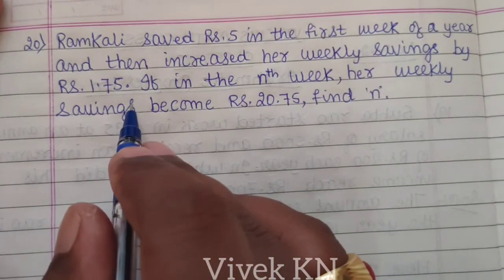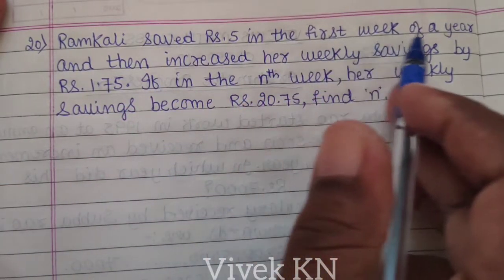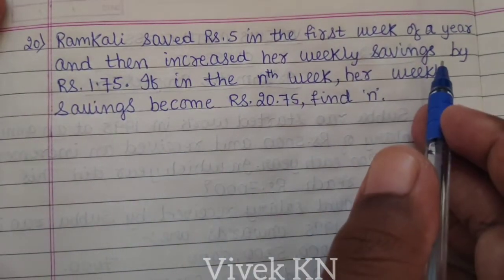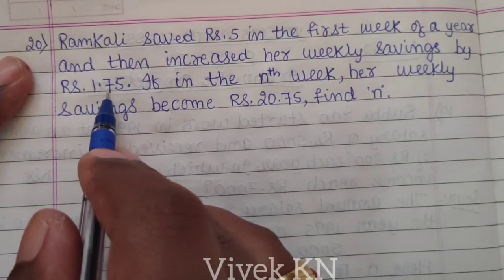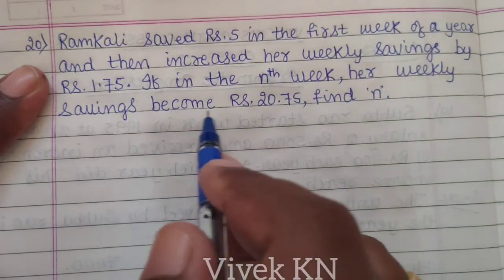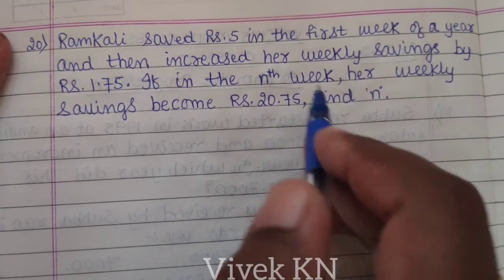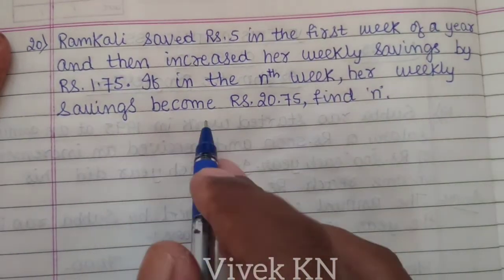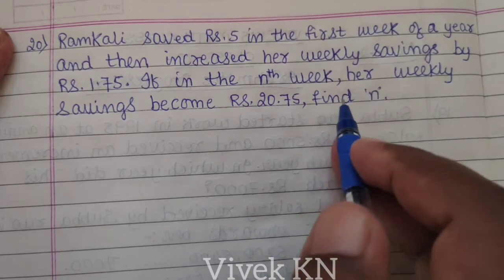In this question, Ramkali saved 5 rupees in the first week of a year and then her weekly savings increase by rupees 1.75. Suppose in the nth week her weekly savings become 20.75, now we have to find out in which week Ramkali's weekly savings become 20 rupees 75 paise. That is, we have to find the value of n.